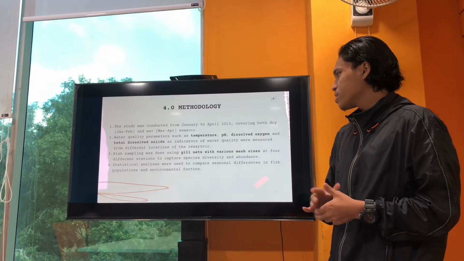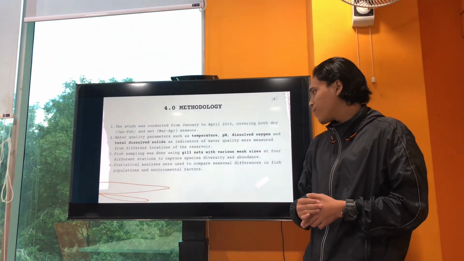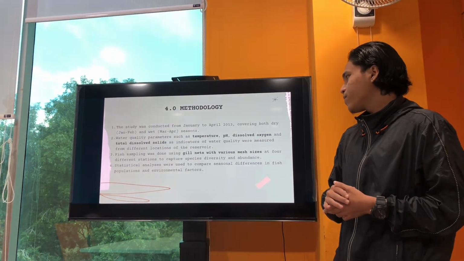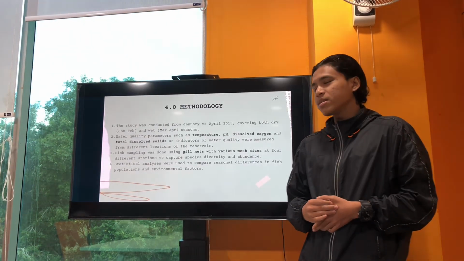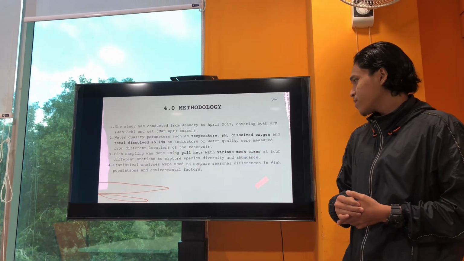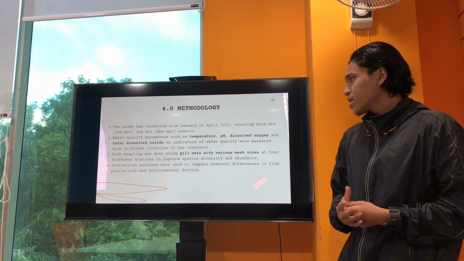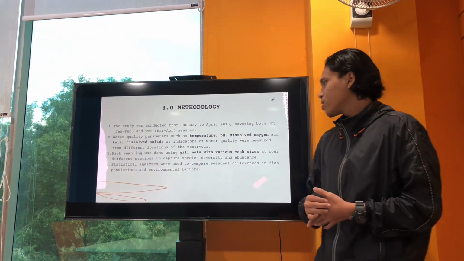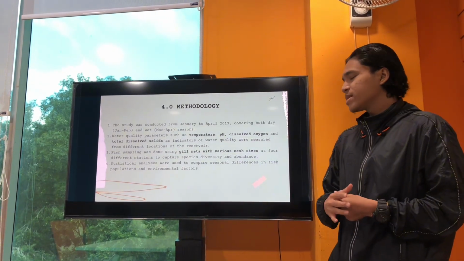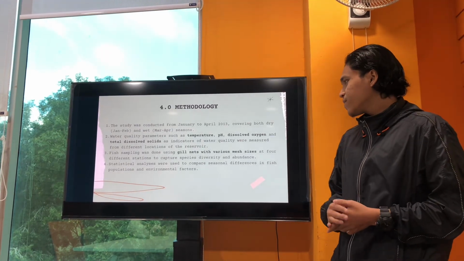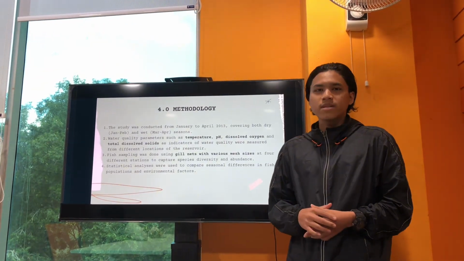Fish sampling was done using gill nets with various mesh sizes at 4 different stations to capture species diversity and abundance. Statistical analyses were used to compare seasonal differences in fish populations and environmental factors.